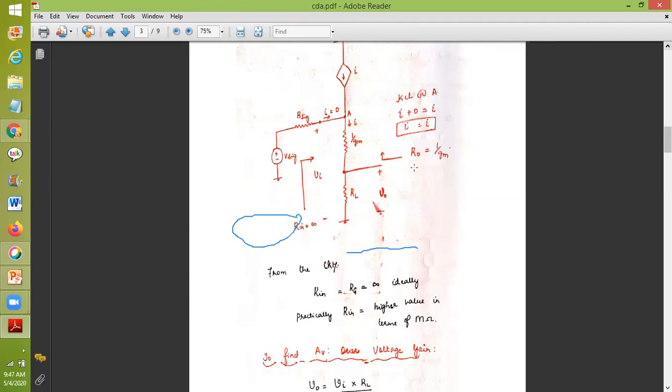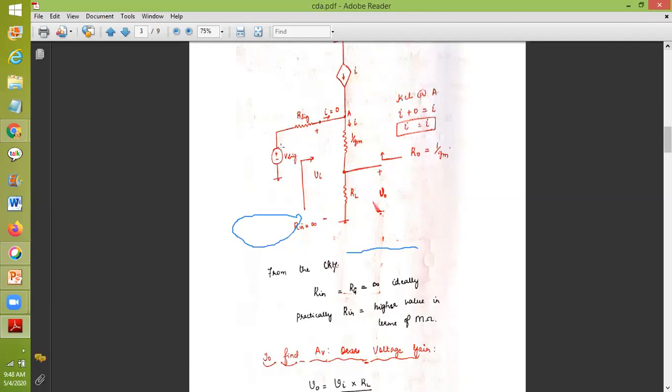So what is the condition to find R0? If there is a current source, open circuit. If there is a voltage source, short circuit. And view the circuitry after V0. You have to stand here and view the circuitry.